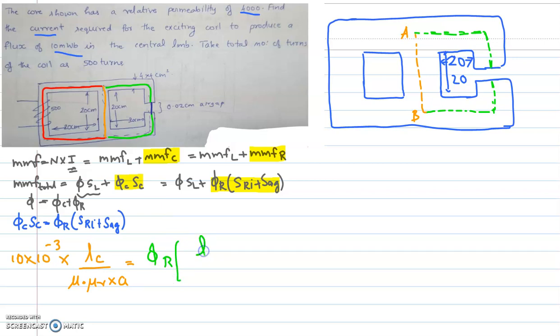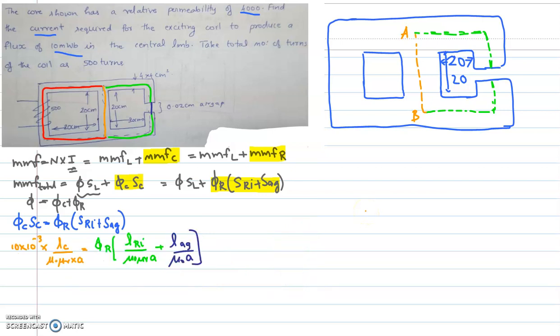So length will be LRI divided by mu 0 mu r. Area of cross section is the same, so I am marking it as A itself, plus LAG divided by mu 0 mu r of the air gap, which is 1, so I am not writing it, and therefore into A.